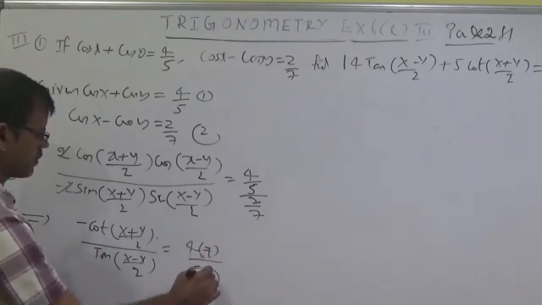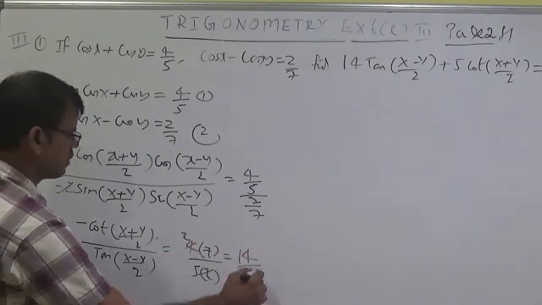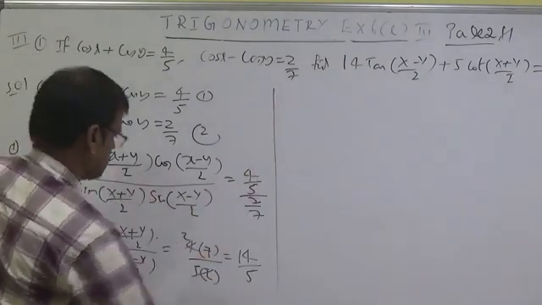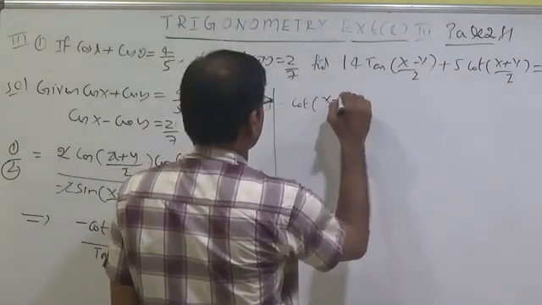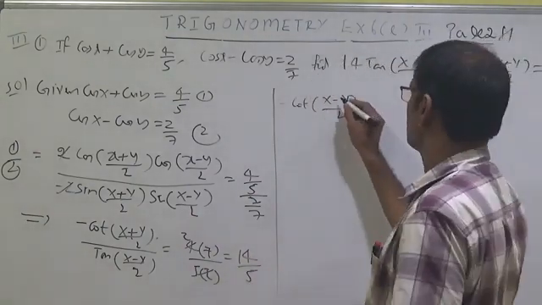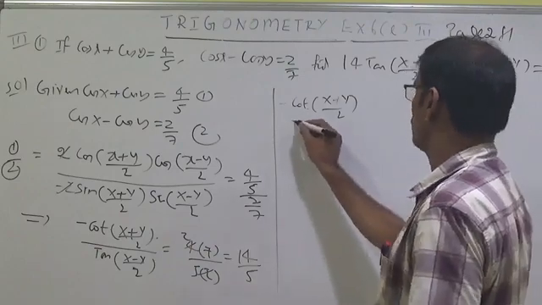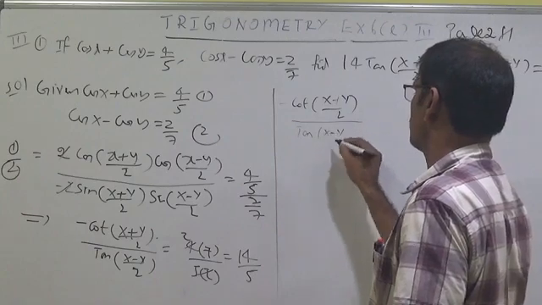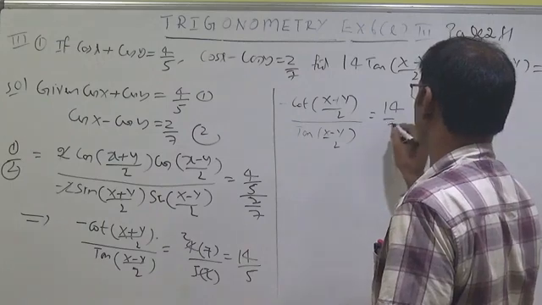Two times 7 is 14 by 5. We got minus cot of (x plus y) by 2 by tan of (x minus y) by 2 is equal to 14 by 5.